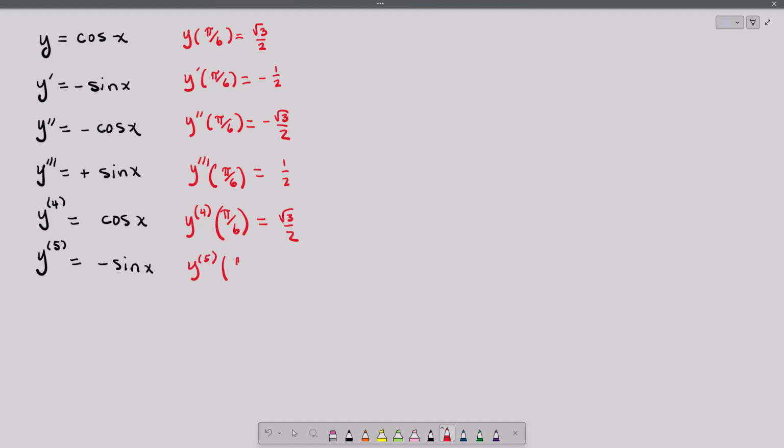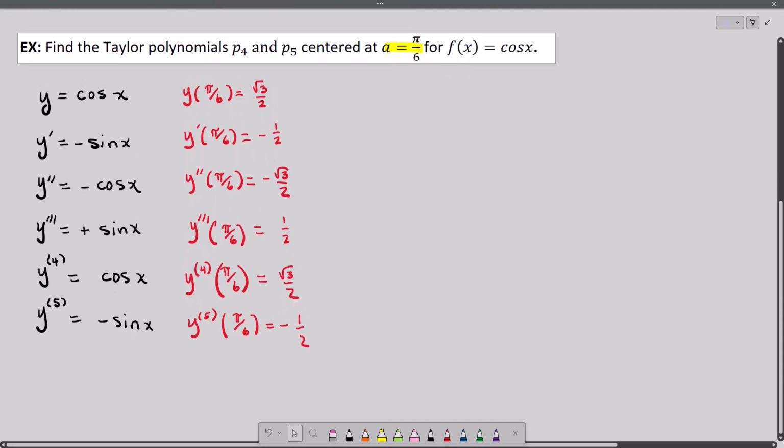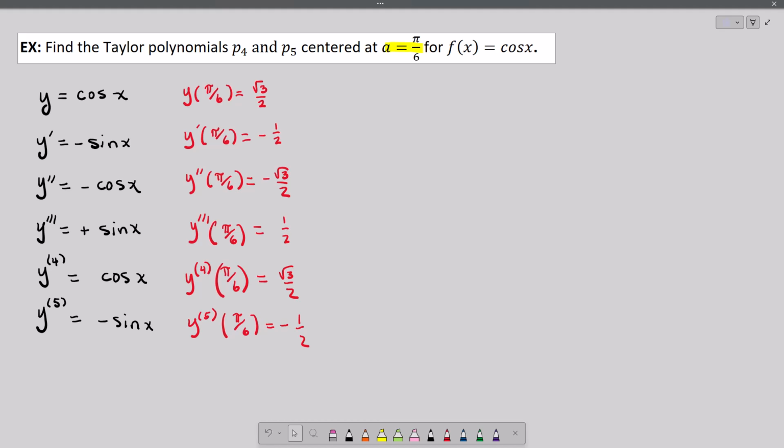And it's totally fine when you build your polynomial to just sort of do p sub 5, expand p sub 5 out, and indicate which part is p sub 4, because p sub 5 is just p sub 4 plus one extra term. So if you want to save on some space and some time, you can be creative that way.